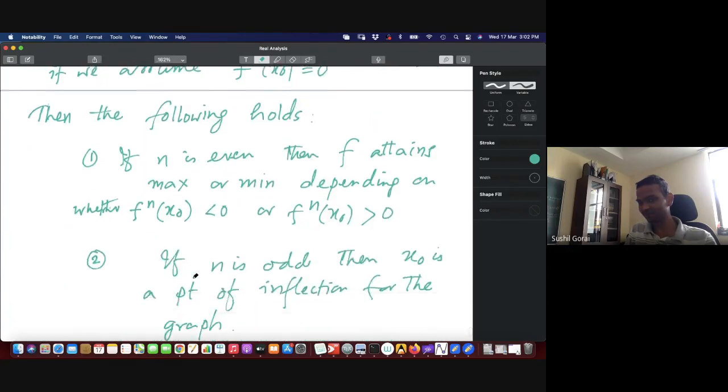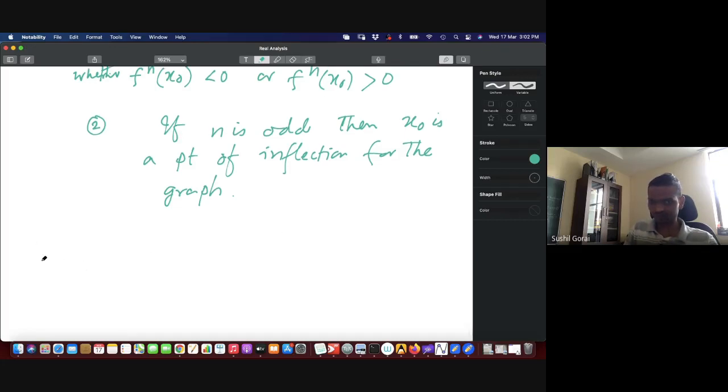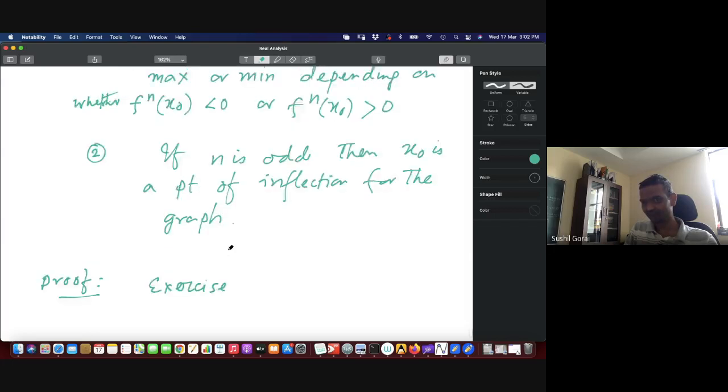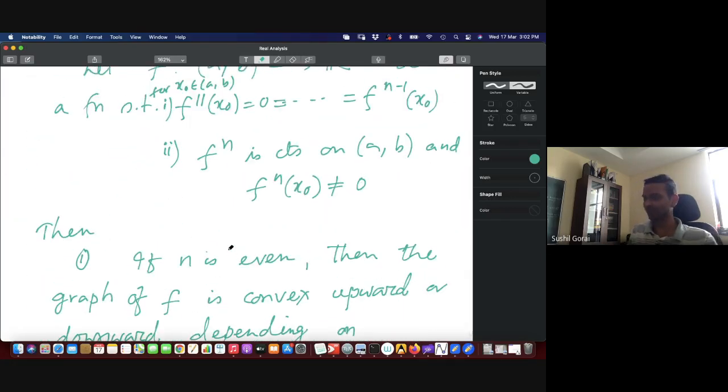So the proof should be an easy exercise, because it is just the same argument as we gave for the second derivative and third derivative.